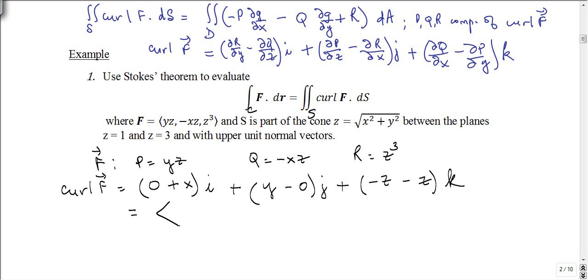So curl F is really the vector X, Y, minus 2Z. Okay, so that's the curl.